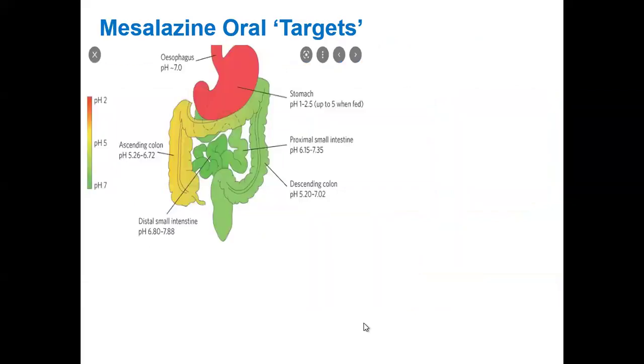Mesalazine also has had lots of trial data looking at the pharmacokinetics of it. And I'm sorry if anyone's red-green colorblind, but this was the only one I could find. I think that's because pHs are normally done in reds and greens, but the pH is there. But you can see we go from a very acidic pH in the stomach all the way down to a much more alkaline pH as you go further down the colon.